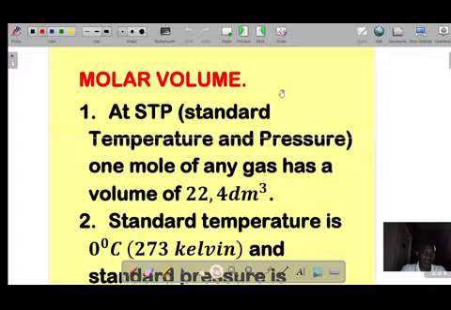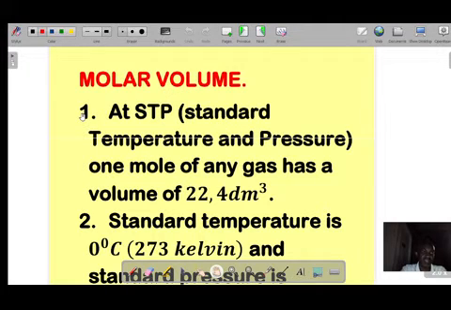We are proceeding with the quantitative aspects of chemical change, and today we're looking at the molar volume. Now, this molar volume is to do with gases. We have some important information before we proceed.